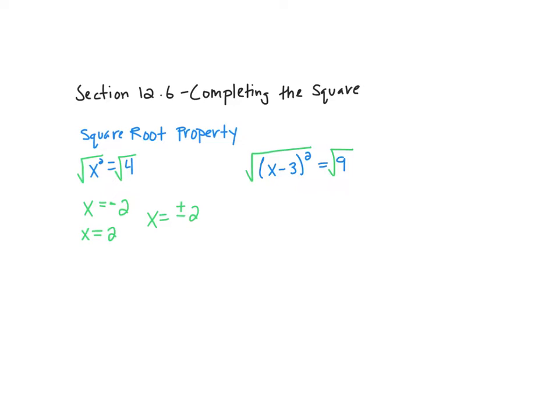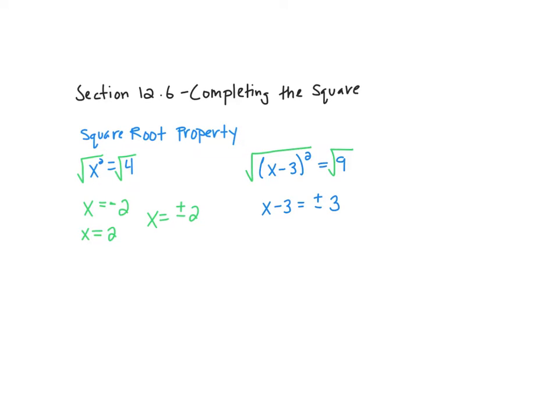On the left, I take the square root of x minus 3 squared, and I'm just left with x minus 3. On the right, I take the square root of 9. Well, the square root of 9 we know is 3, but I get that positive or negative, positive 3 or negative 3. And we'll write plus or minus. All right, now here I have x minus 3 equals plus or minus 3.